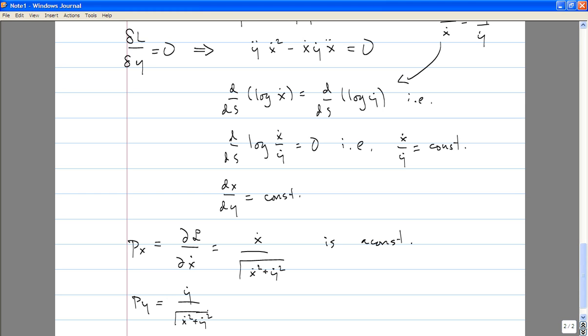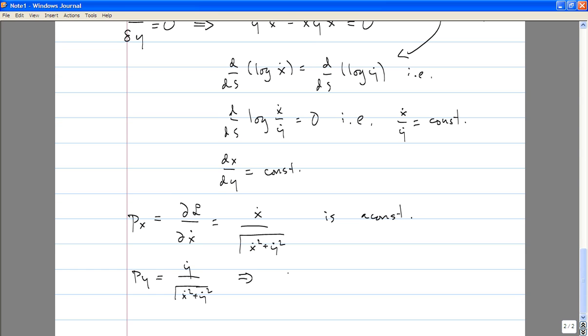And in particular, that implies that their ratio, px over py, is x dot over y dot, is constant. So whereas we could have gone ahead and worked out the equations of motion in detail, in fact, it is easier just to use a conservation rule that, in this case, is momentum conservation, which automatically, in sort of a one-line argument, will tell you that the shortest distance between 2 points is given by a straight line.